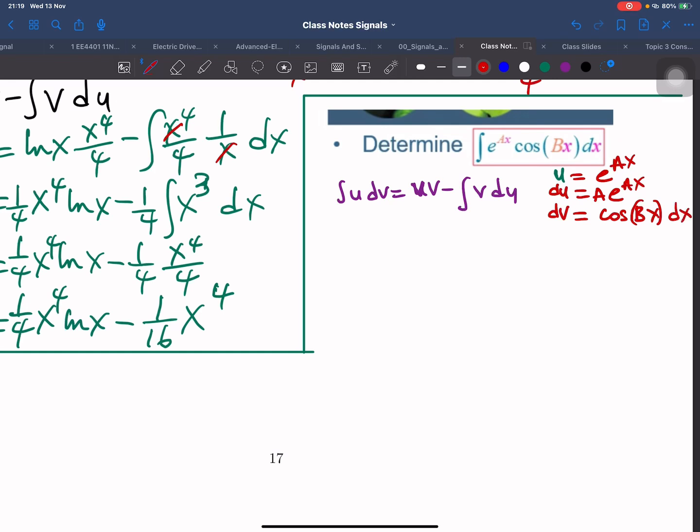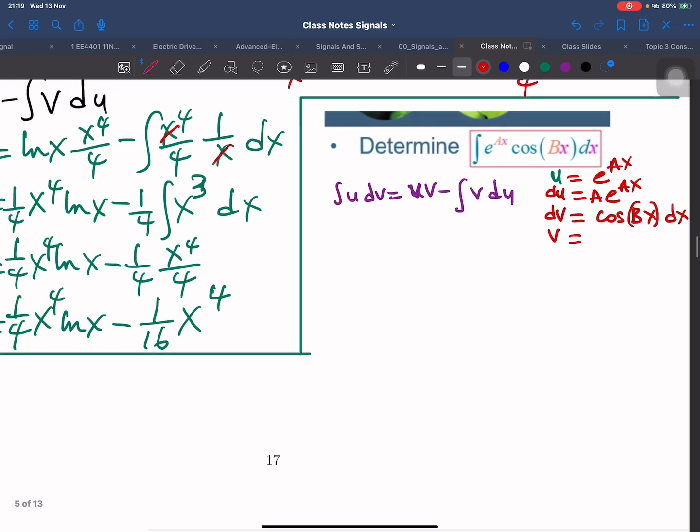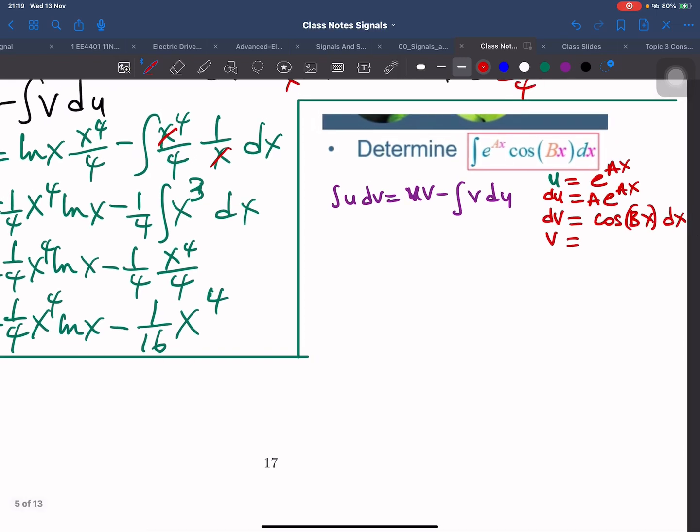And our v, remember v is the integral of cos bx dx. So if you integrate cos, you get sine, so it becomes sine bx over b. So this is the format. We have now gotten the parts of it.